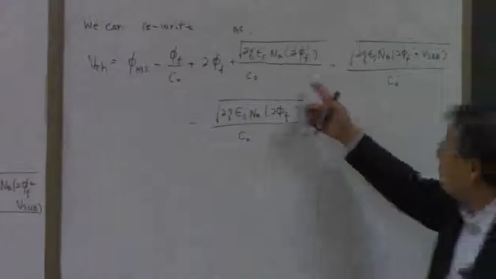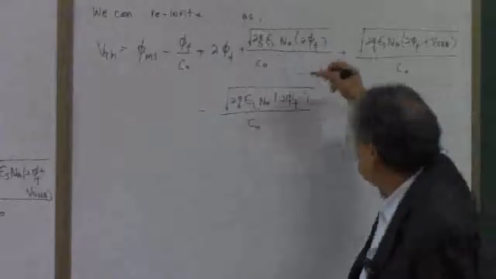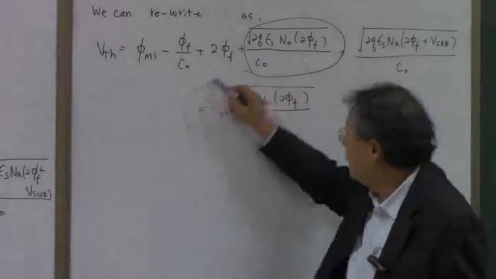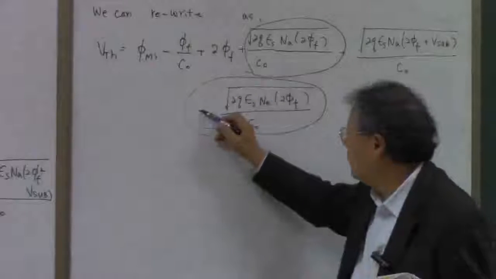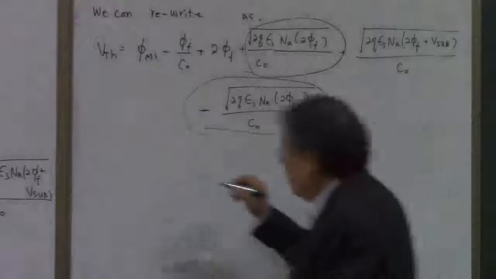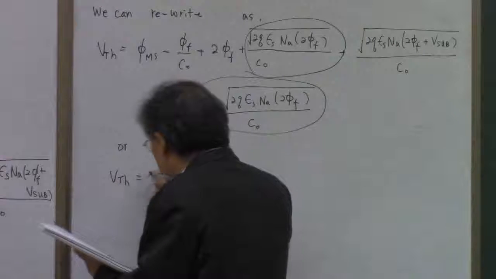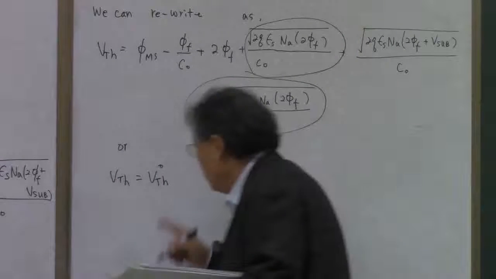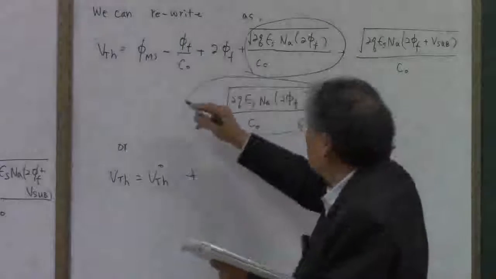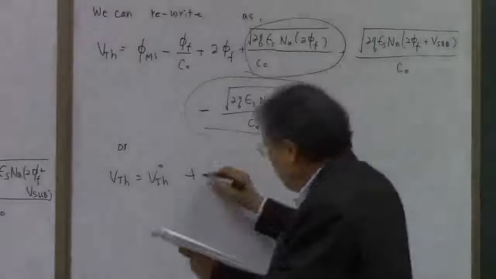Okay, if you look at this equation, you can see that we add this term and take that term out later, right? And this can be expressed as VTH naught, and obviously VTH naught is this equation.